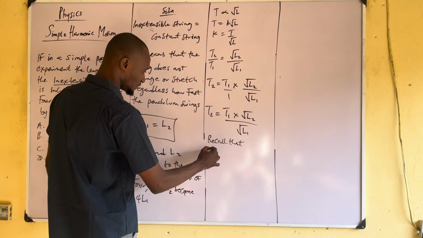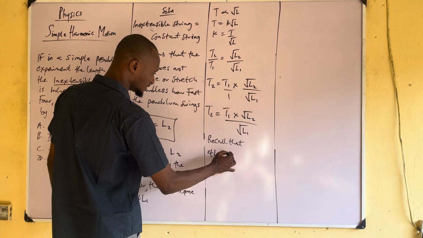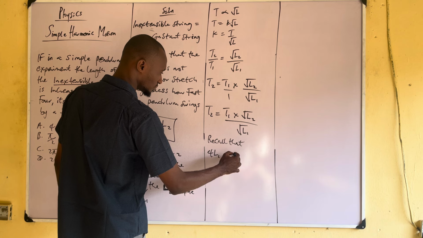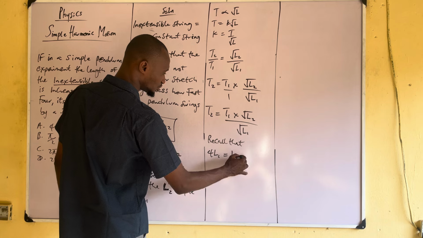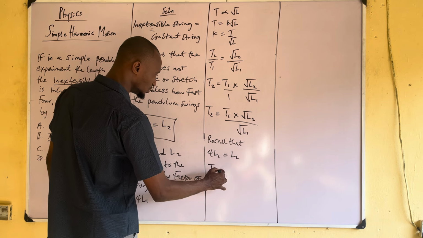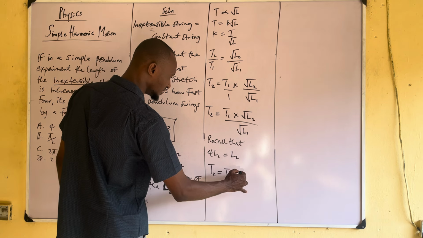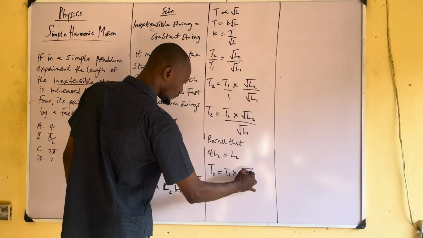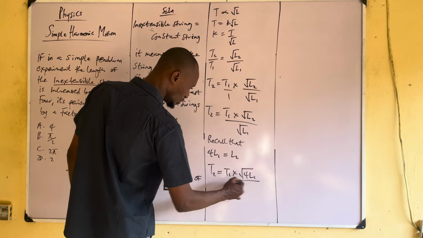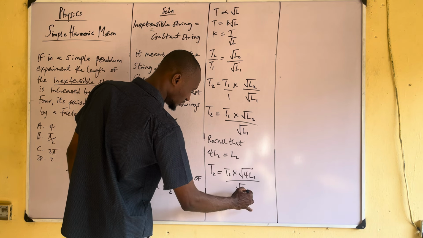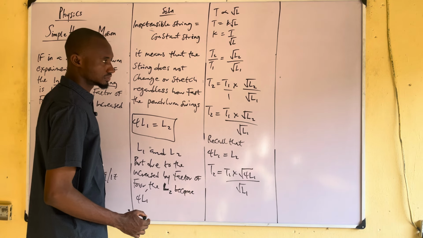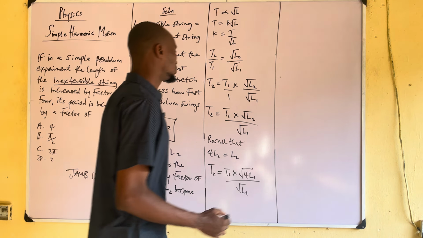Recall that 4L1 is equal to L2. So T2 is equal to T1 times root 4L1 over root L1. So what do you do then?